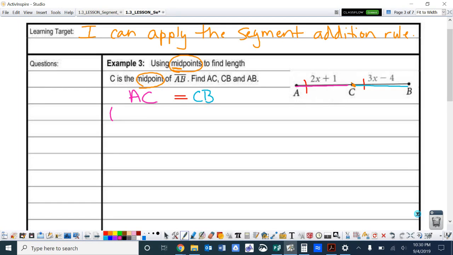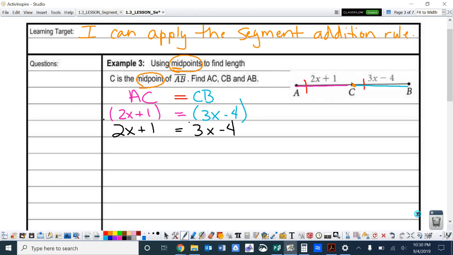I know that AC is 2x plus 1, and CB is 3x minus 4. Looking in front, I don't see any negatives or any positives, so I can just drop my parentheses and write 2x plus 1 equals 3x minus 4, and see what I have. I have variables on both sides and numbers on both sides. So I'm going to find the smallest number, and that's -4.